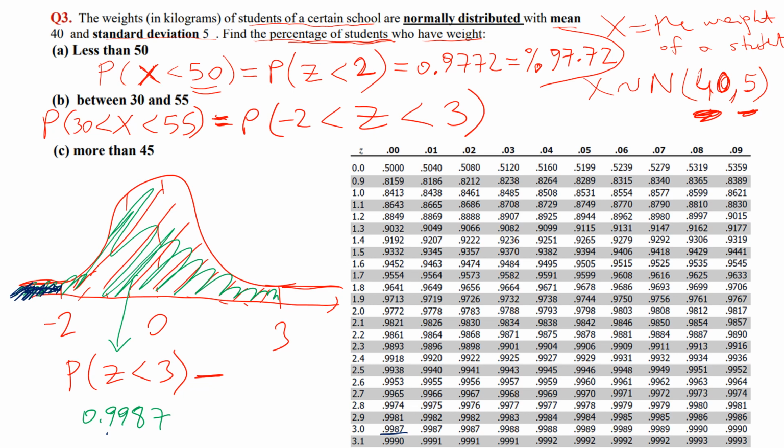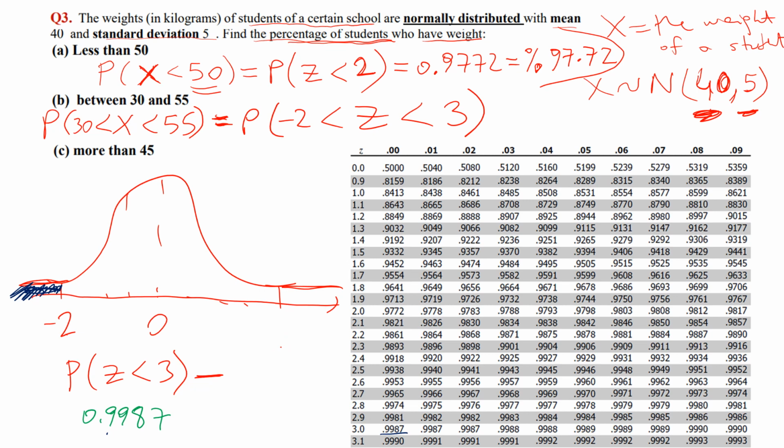And what about this part? We are done with the green part. Now let's concentrate on the navy blue part. How can we find it? I will concentrate on finding z less than minus 2. Now, think about its symmetry.